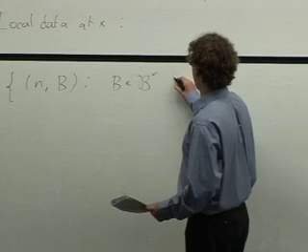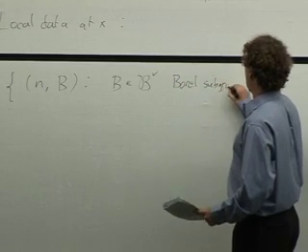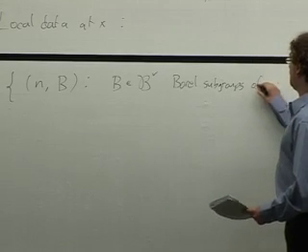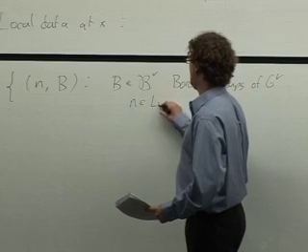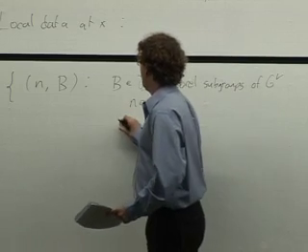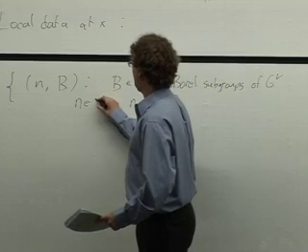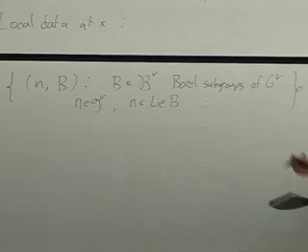So this is the set of Borel subgroups of the dual group, and N is an element in the Lie algebra of the dual group, which is contained in B. So why is this the local data?